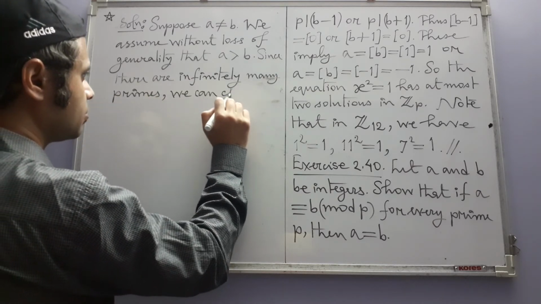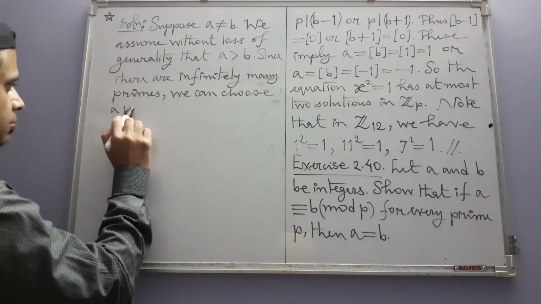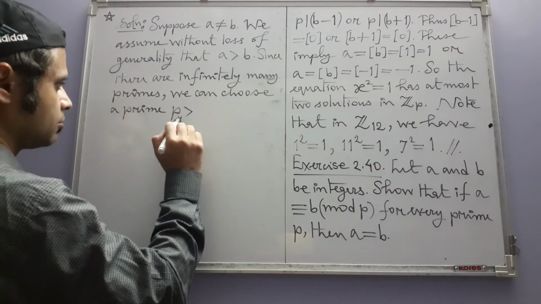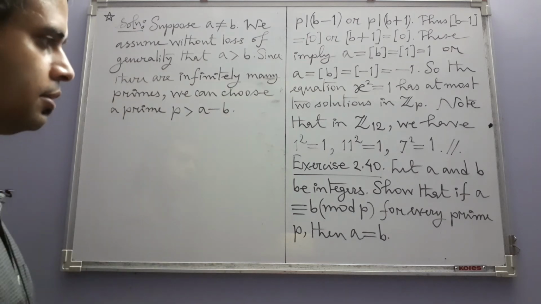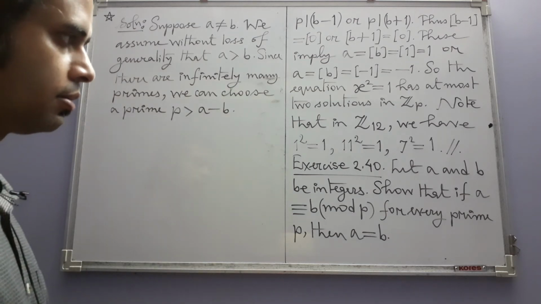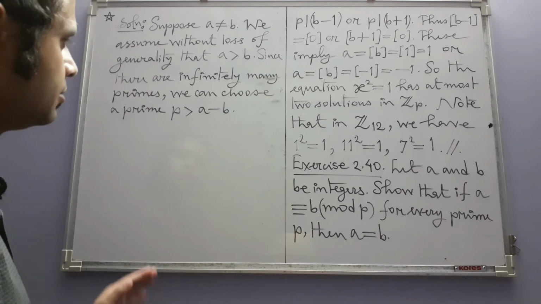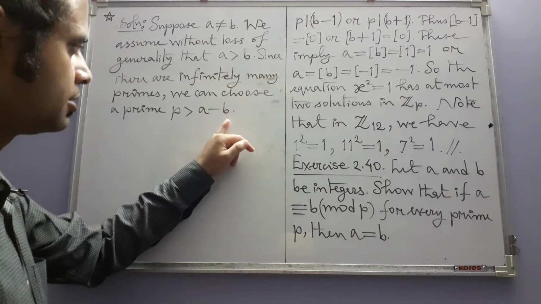We can choose a prime P greater than A minus B. We are not saying whether A or B or both are positive or negative. They can be anything, but because A has been chosen to be greater than B, A minus B is a positive integer.